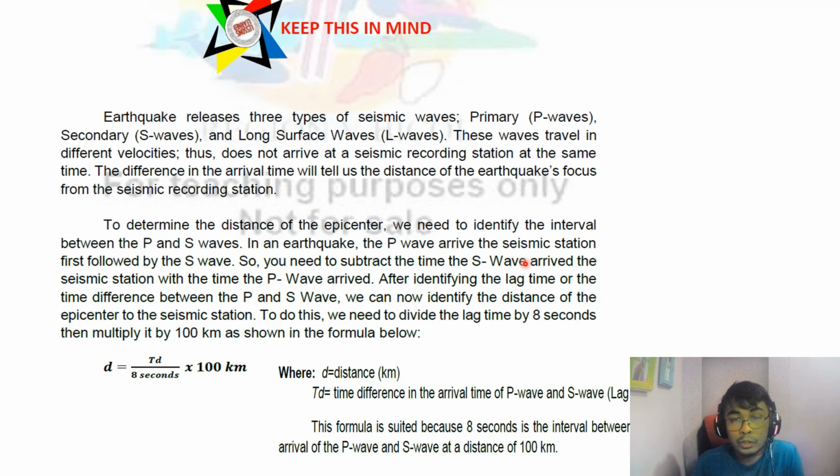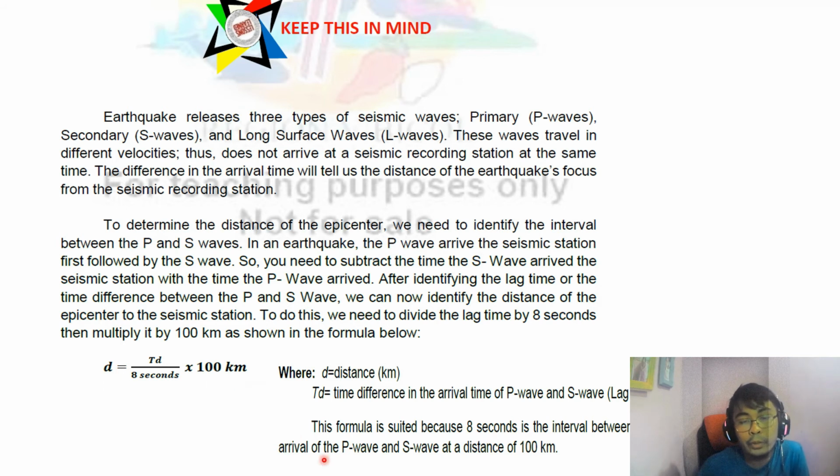You need to subtract the arrival time of the S and the P wave to get their time difference. And of course, the time difference will be used to determine the distance of the epicenter to the recording station. Okay? So, you need to divide the lag time by 8 seconds, then multiply it by 100 km.